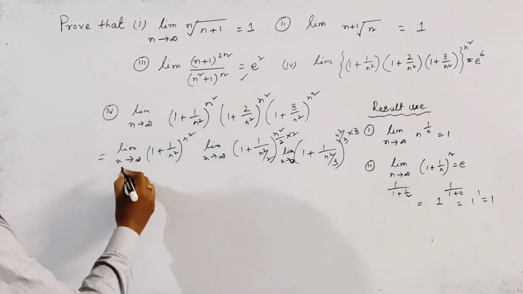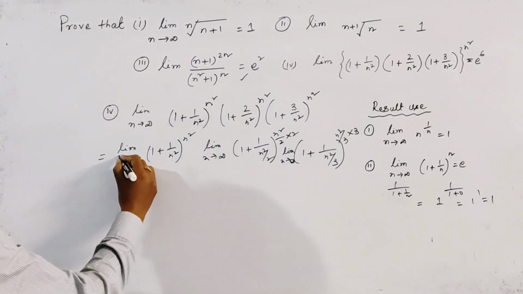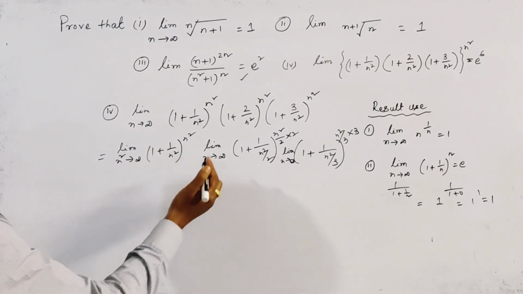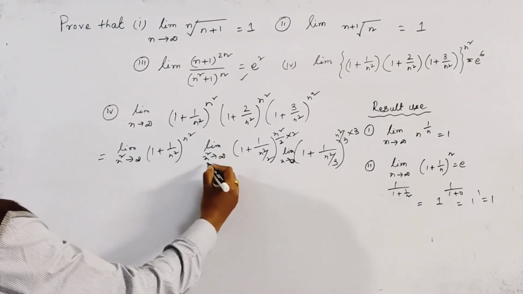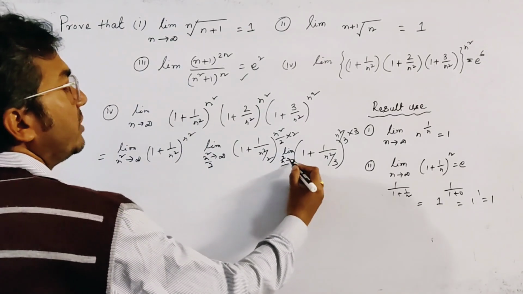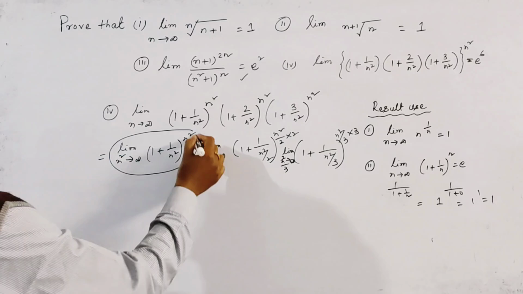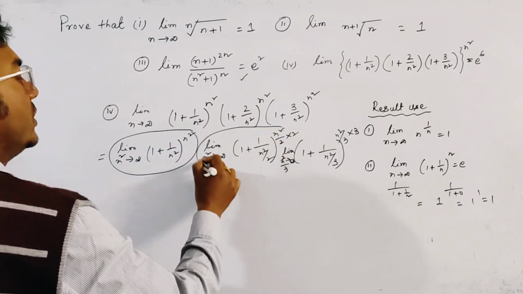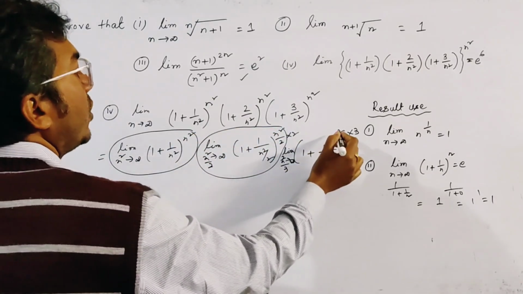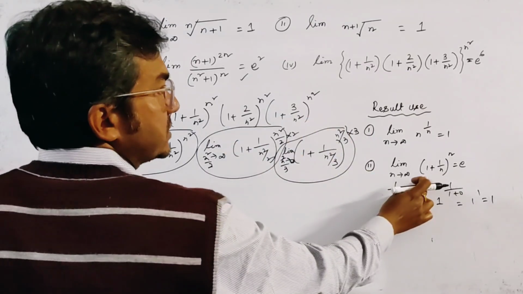Since n tends to infinity, n square also tends to infinity, and so do n square by 2 and n square by 3. So these three are of the same formula.